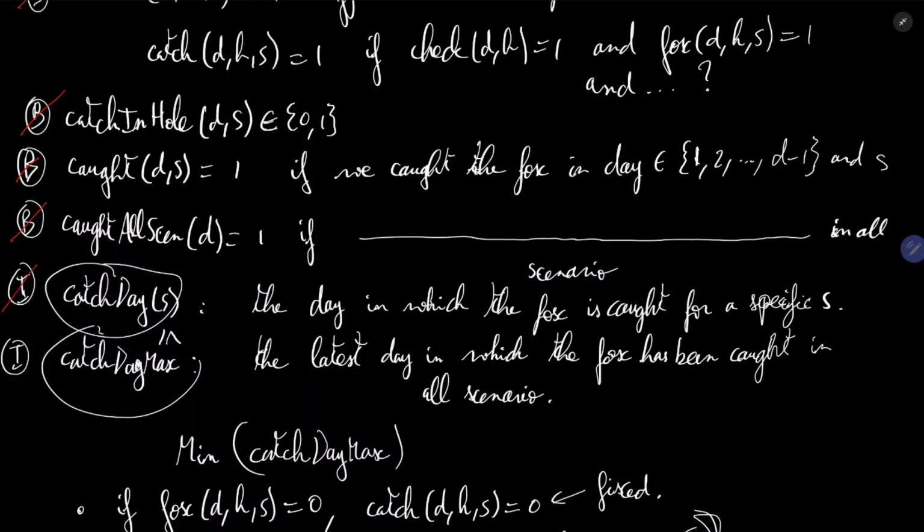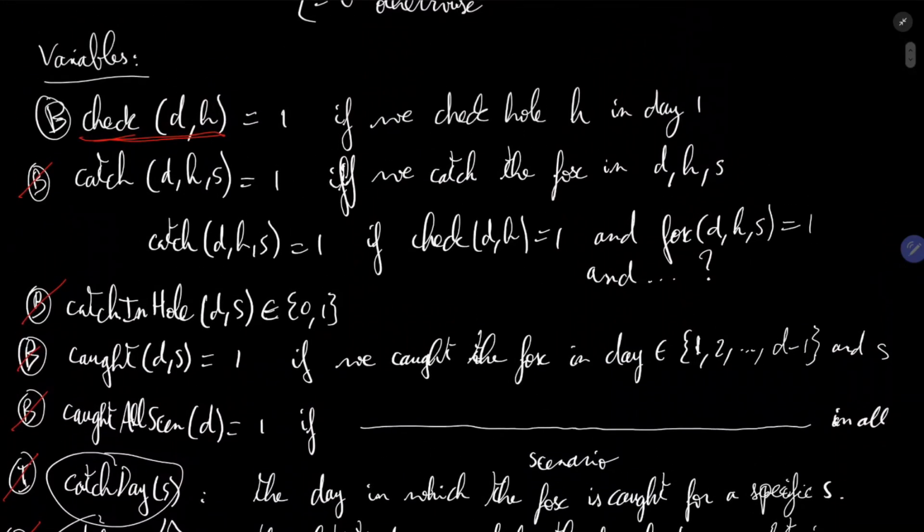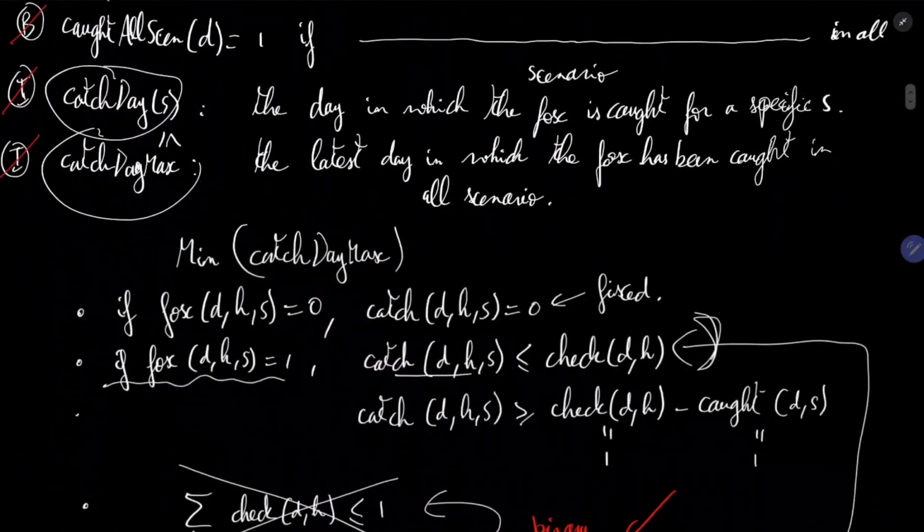And finally, catch dmax is something that is greater than all these integers and will also be implicitly an integer, because by minimizing it, it will be equal to the max of all of them. So finally, the only variable that we really have to define as binary is the variable check.